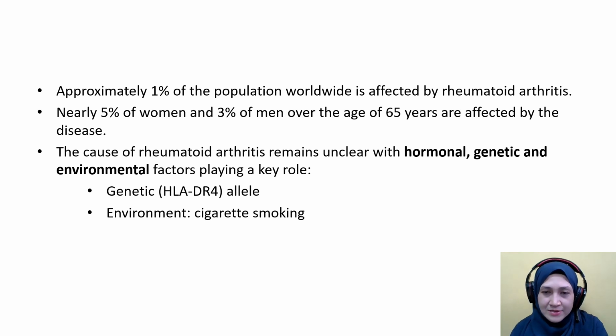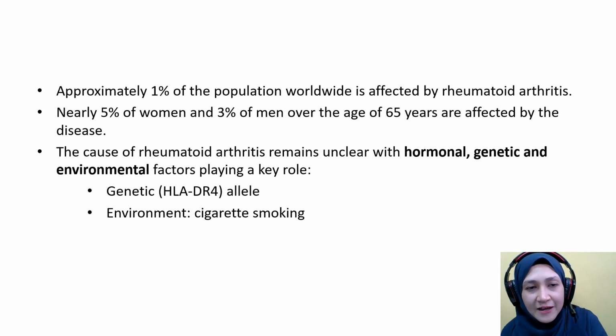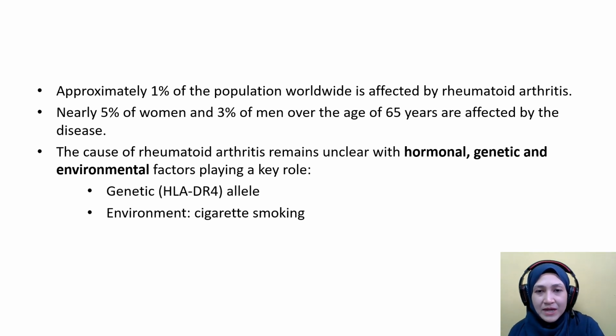So we will see later what is the difference between osteoarthritis and rheumatoid arthritis. So nearly 5% of women and 3% of men over the age of 65 are affected by this disease. So it's more dominantly affecting the elderly population.